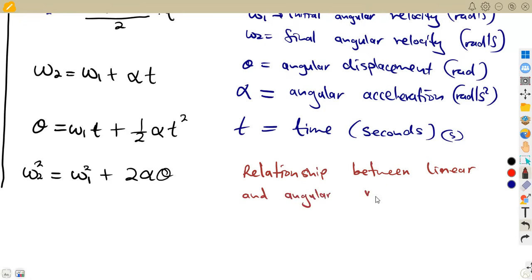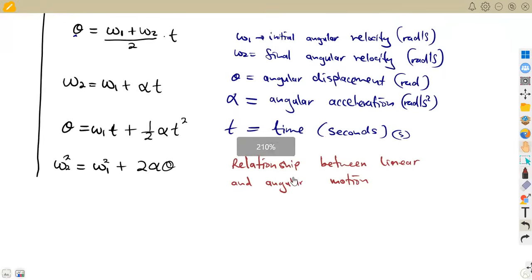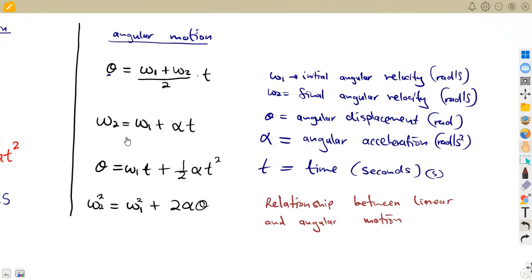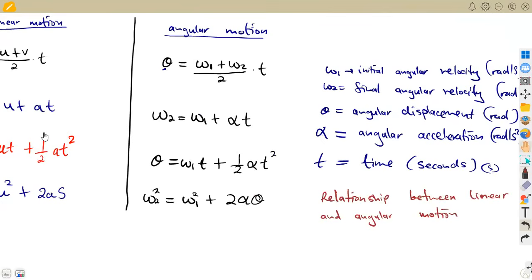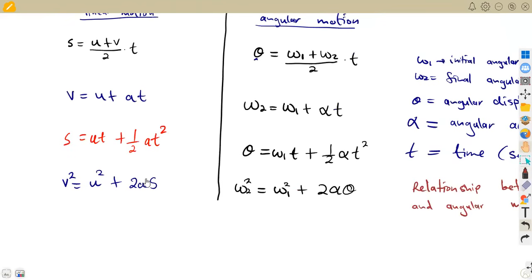What you need to understand is that in linear motion, we are talking about the linear velocities, those initial and final, this u, and the acceleration, where we talk about s and so forth.